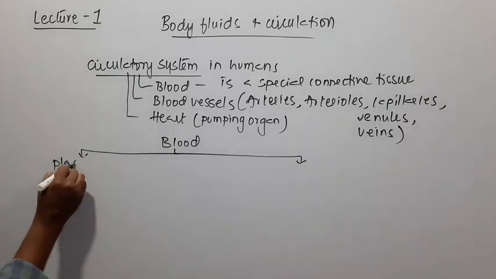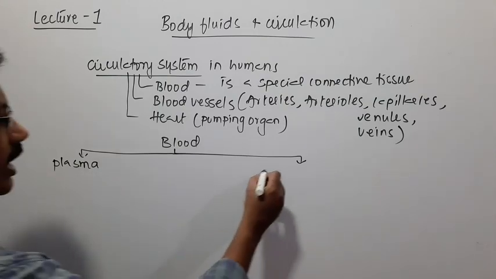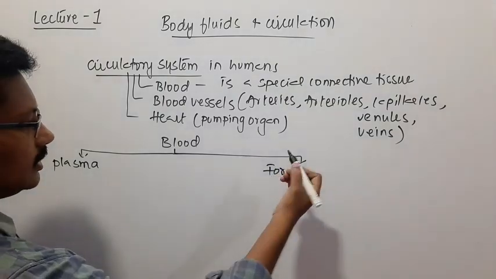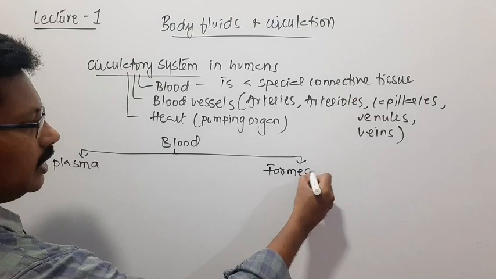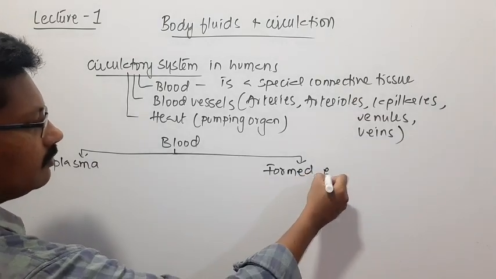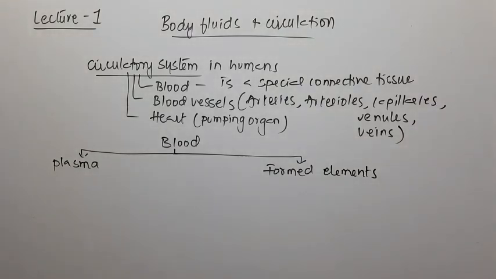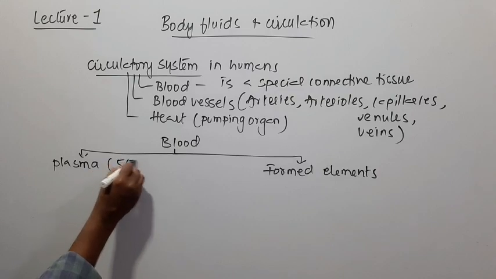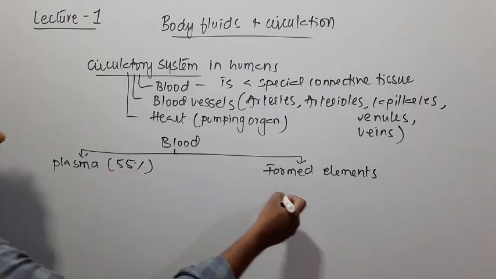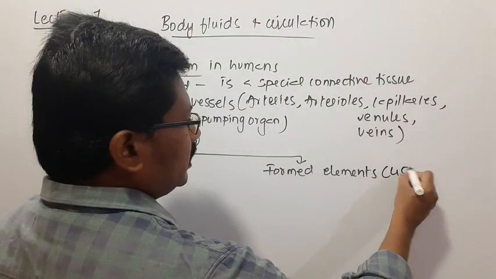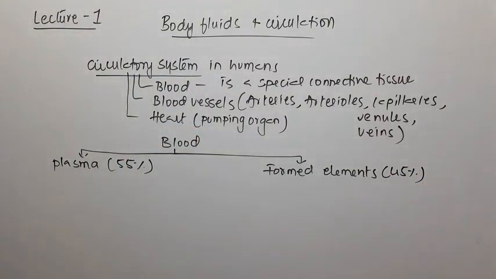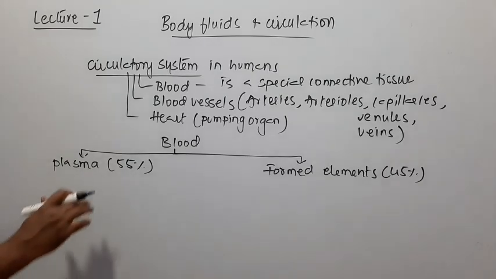One is plasma, and all the cells together will be called the formed elements, right? So this plasma will be constituting around 55%, whereas these formed elements altogether will be 45%.